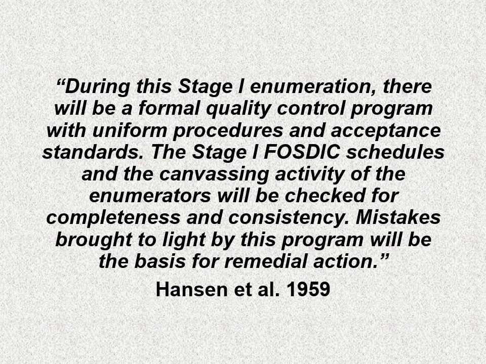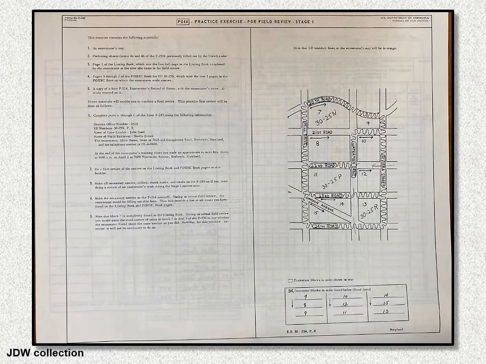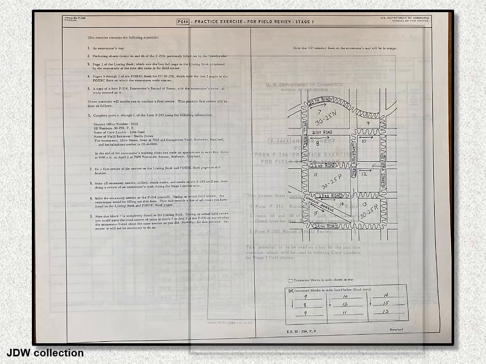And another one says that what happens during stage 1 enumeration also happens in stage 2. There will be a formal quality control program with uniform procedures and acceptance standards. Mistakes brought to light by this program will be the basis for remedial action. And I have scanned this one, I'll show you that later. This is a practice exercise for training field reviewers.